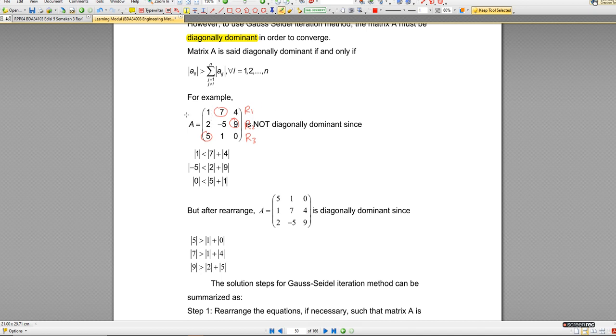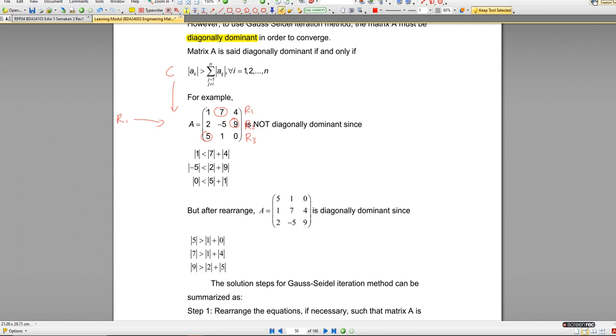So at first we looked in the row direction. And when we want to rearrange, we must look in the vertical or column direction.